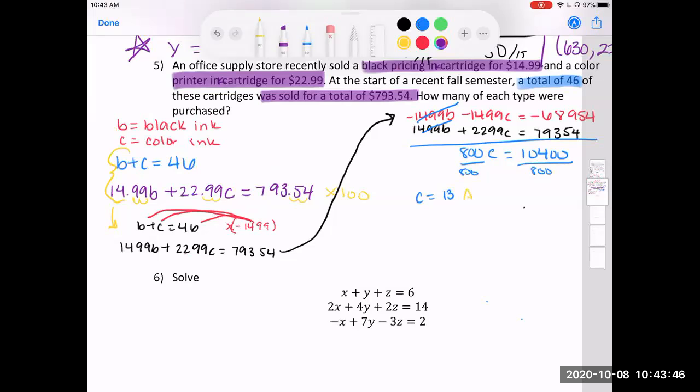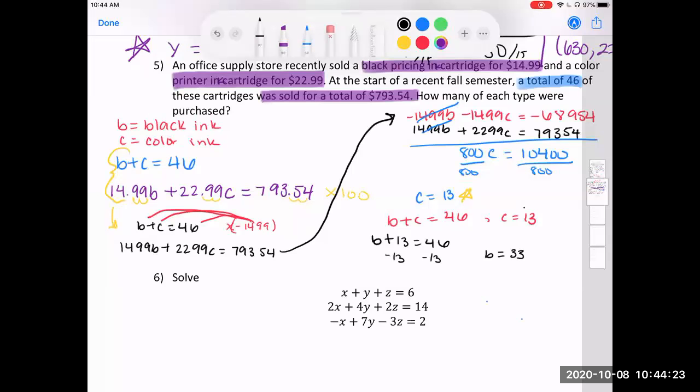Okay, we found one of them. To find the other one, I just plug it into my equation. Now looking at your two equations, which one looks easiest to work with? That B plus C, right? So we take that B plus C equals 46 and plug in that C is 13. So we have B plus 13 equals 46. We subtract 13, B is equal to 46 minus 13, 33.